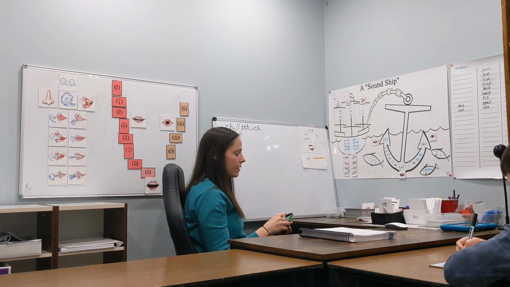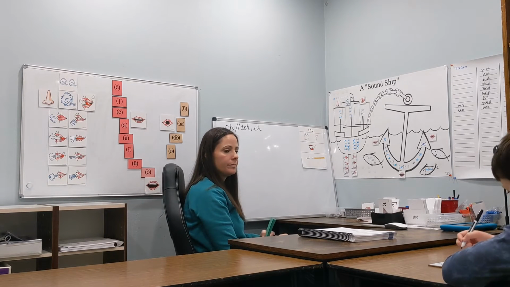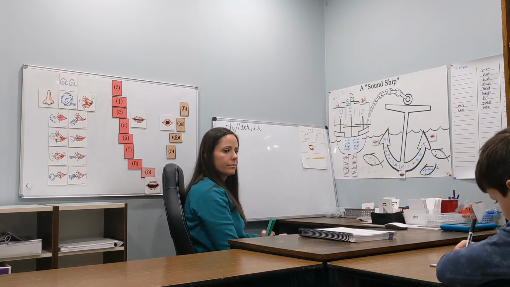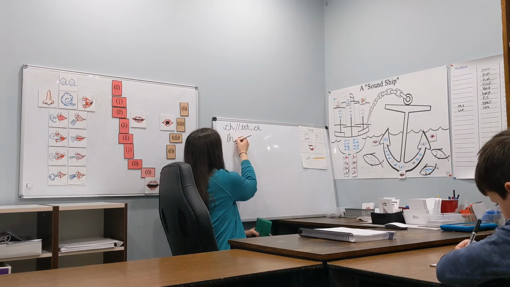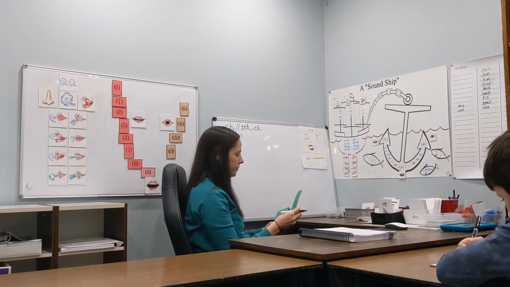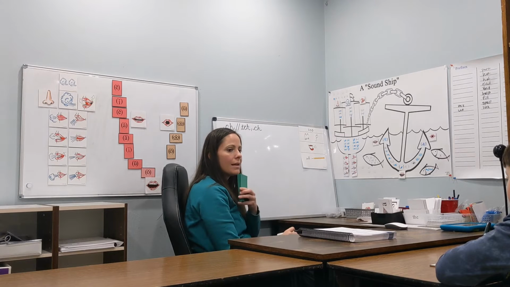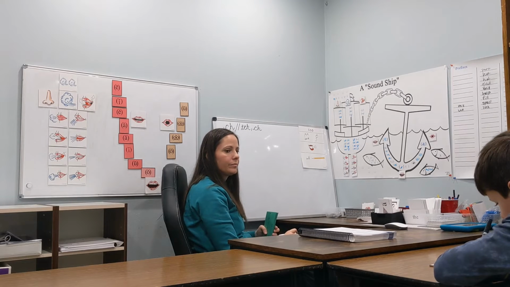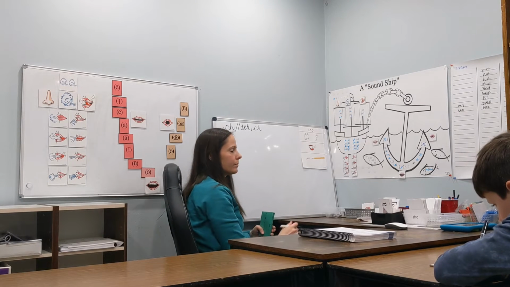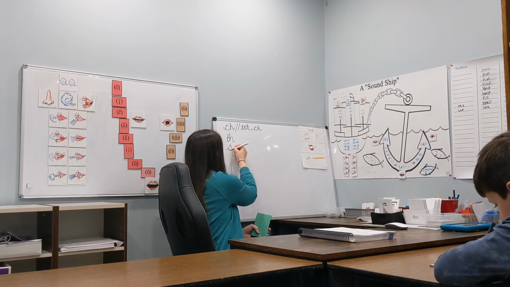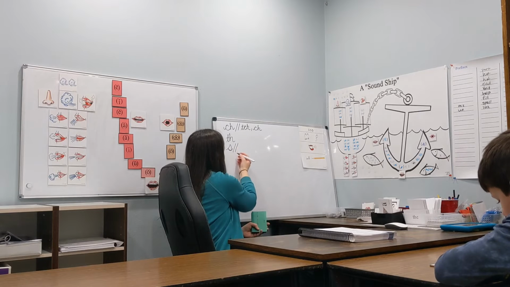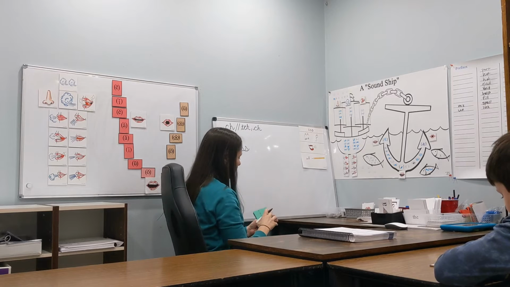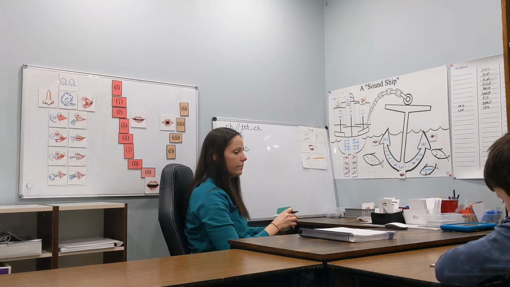Good. All right, next line. Good, so digraph TH. S. The initial position can be S, and the final position can be two S's.